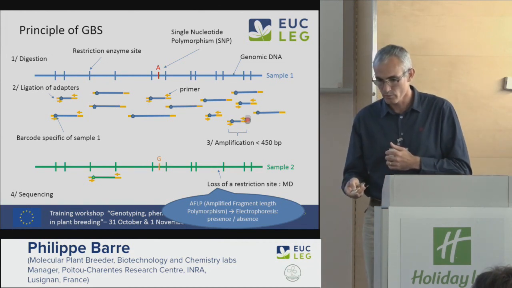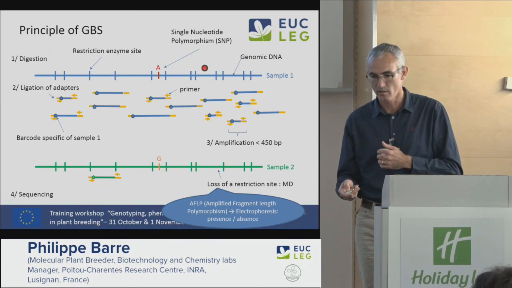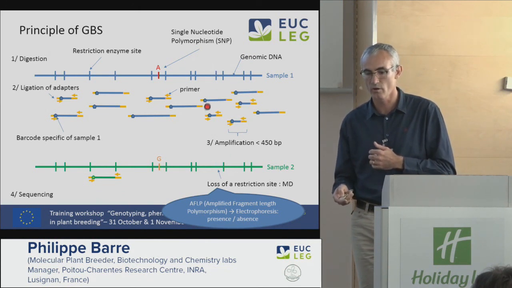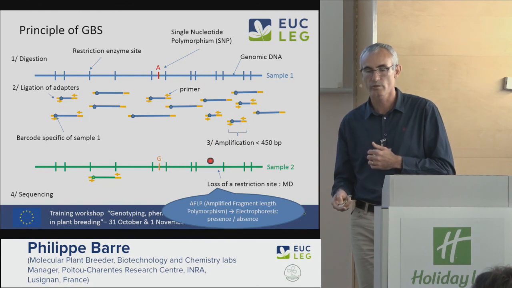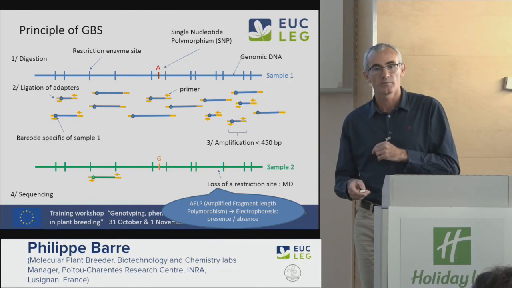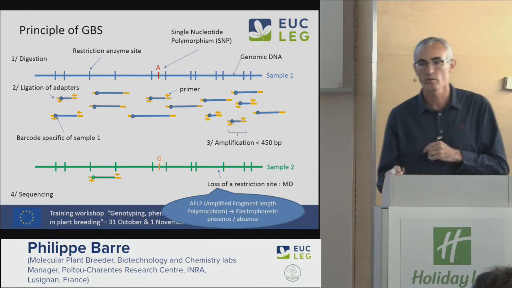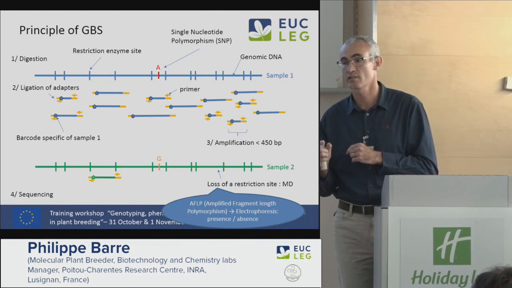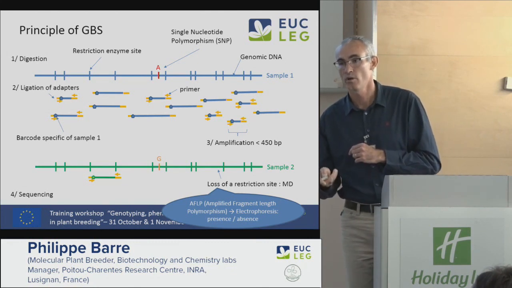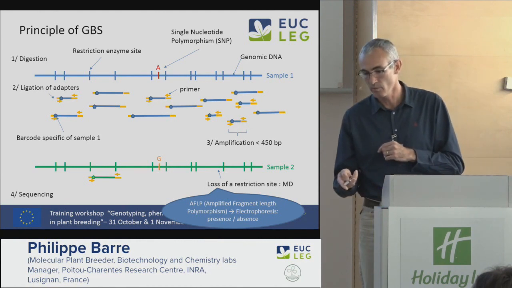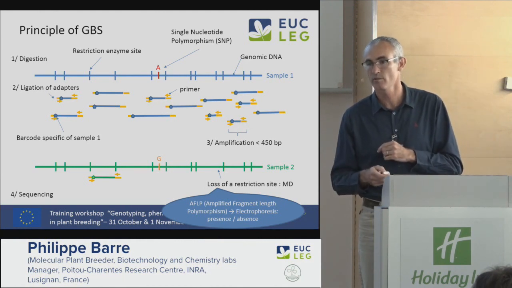And here I put between sample 1 and sample 2, you see you have a loss of a restriction site. Before, we were using this information of loss of restriction sites to get what are called AFLP markers, amplified fragment length polymorphism markers.